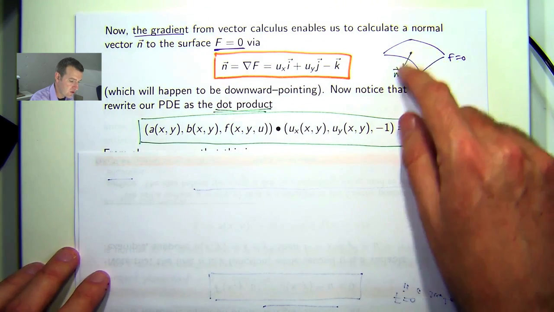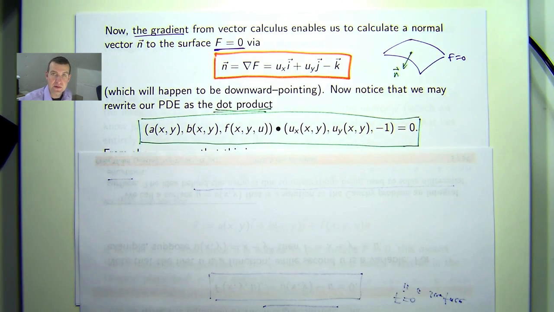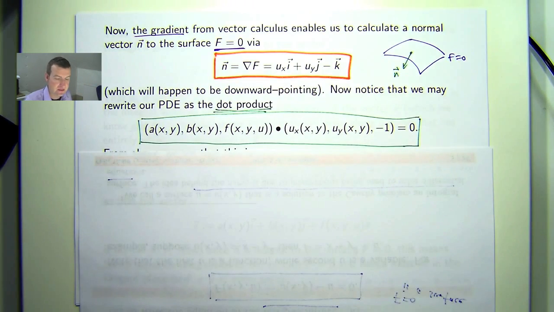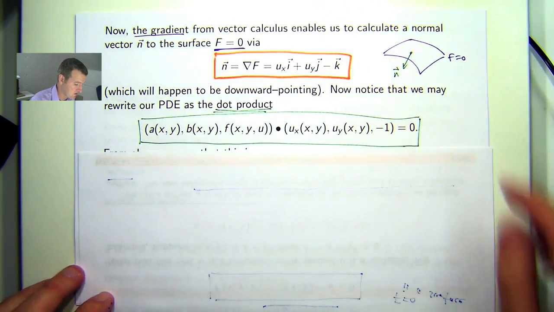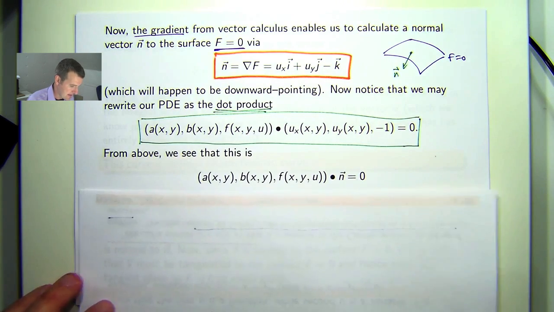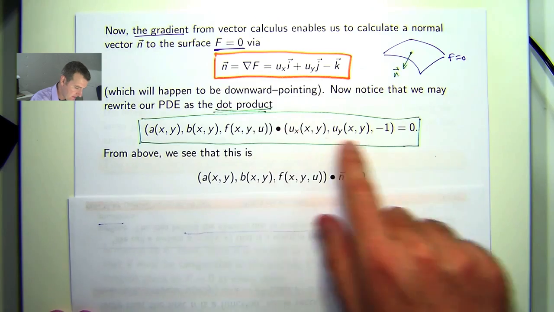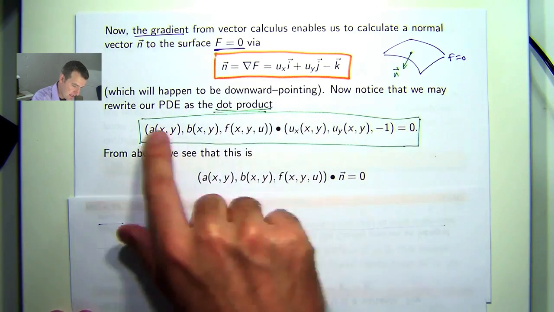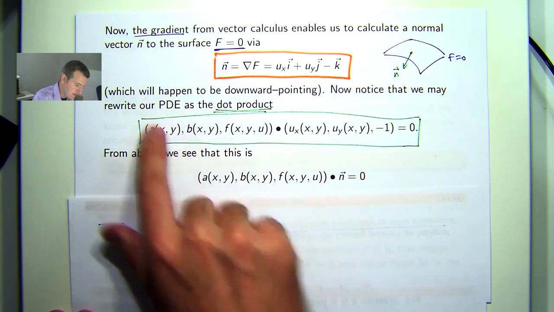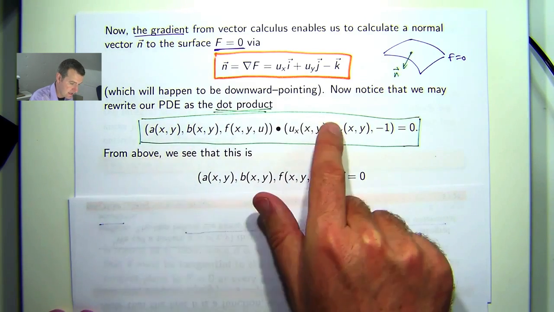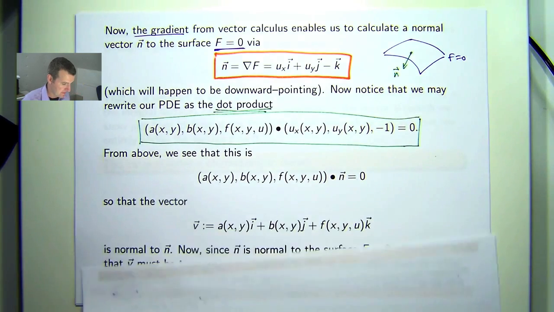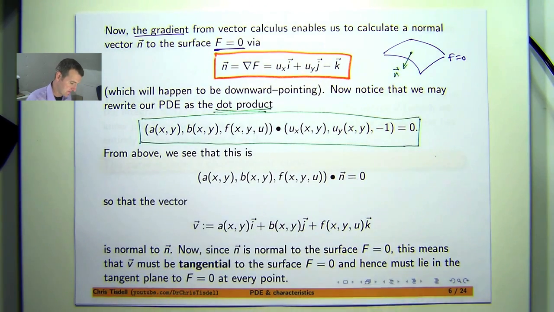Okay, so by normal vector, by the way, to a surface, we mean that the vector is normal to the tangent plane to the surface. Okay, so this is a normal vector, and this expression says that this vector field here is perpendicular or normal to this normal vector. Okay, so what does that mean?